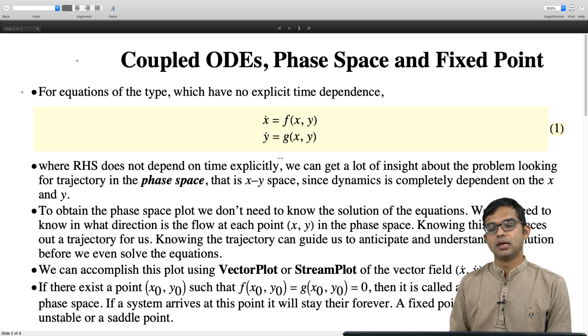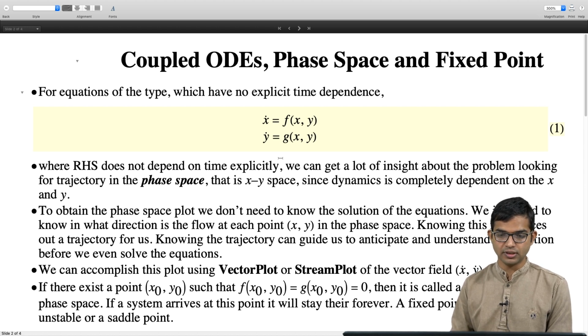So you can extract a flow of where the system is tending, and by studying the dynamics of this flow, a lot of insights can be drawn from a qualitative study of these phase portraits, as they are called.